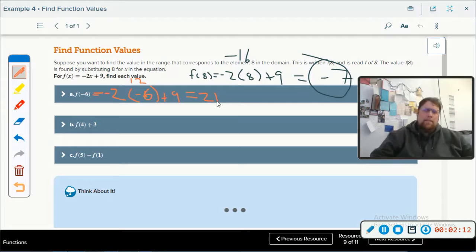All right, so I want everybody here to look at this one. Look how weird that is. We have f of 4 plus 3. So let's go ahead and write down what f of 4 is.